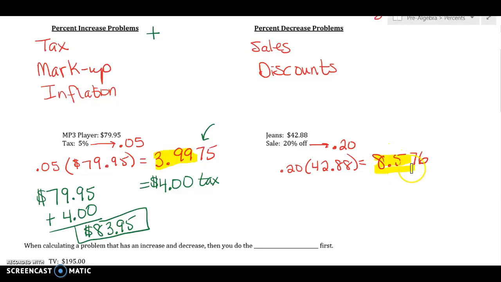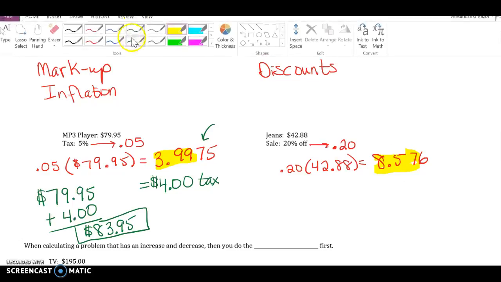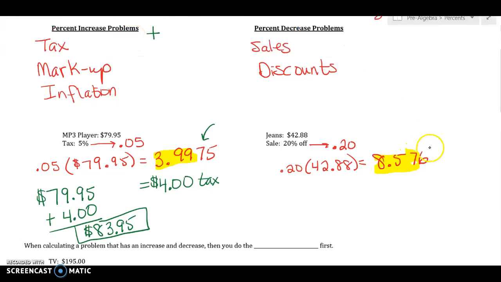This is my money. And so I have to look at this 6 and see what it does. Does it keep it $8.57, or does it round it up to $8.58? And you're right, this one does round it up again to $8.58. Now this is savings because it's on sale.